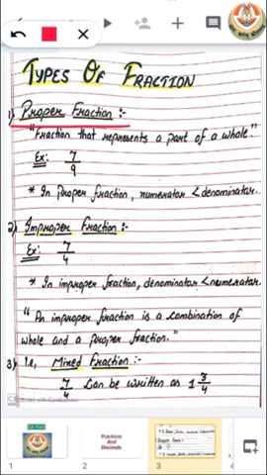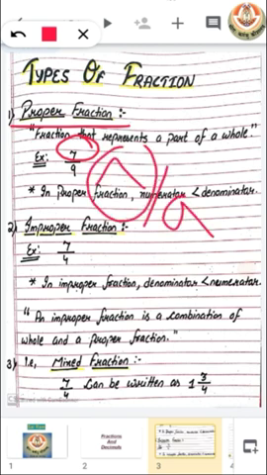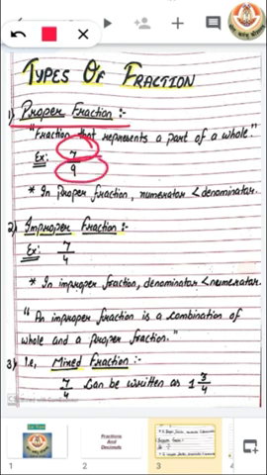The numerator is the number which we can also call the dividend. If two numbers are in fraction form, the upper number is divided by the lower number, so the upper is the dividend and the lower is the divisor. So the numerator is the dividend part of a fraction and the denominator is the divisor part.